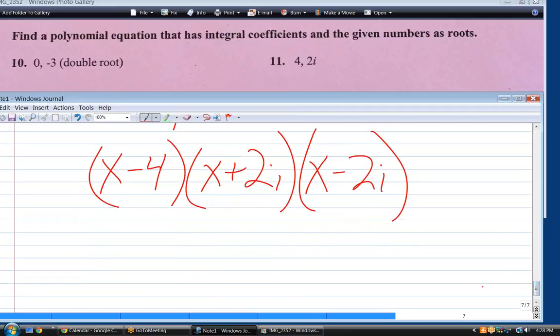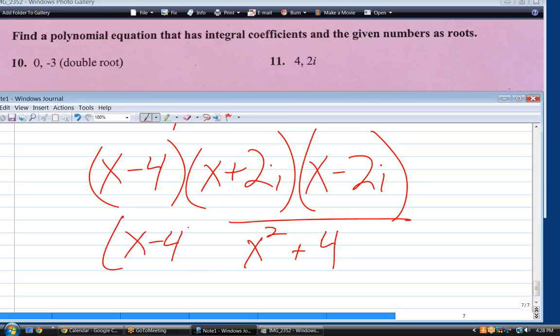So now I just have to multiply those 2 together first, because you'll lose the i. In other words, when I multiply these 2 together, I'm going to get x squared minus 4. Excuse me, x squared plus 4. And then I'm going to multiply that by x minus 4.